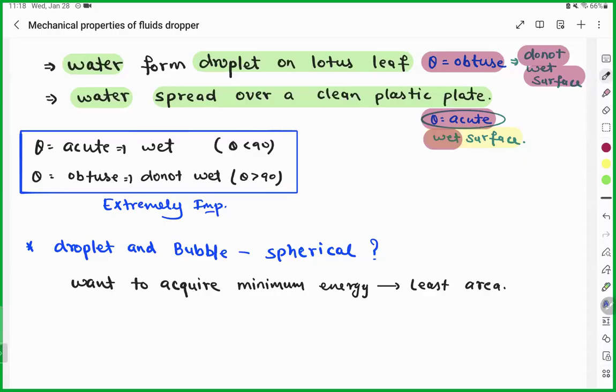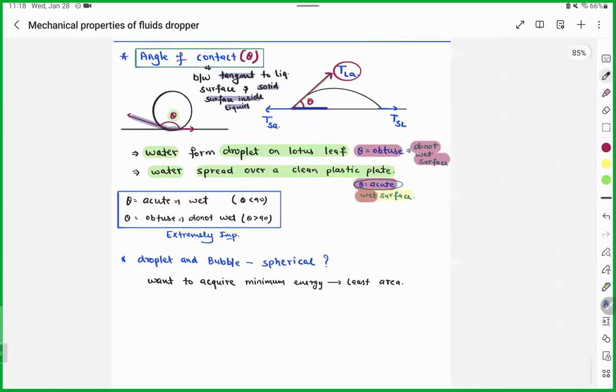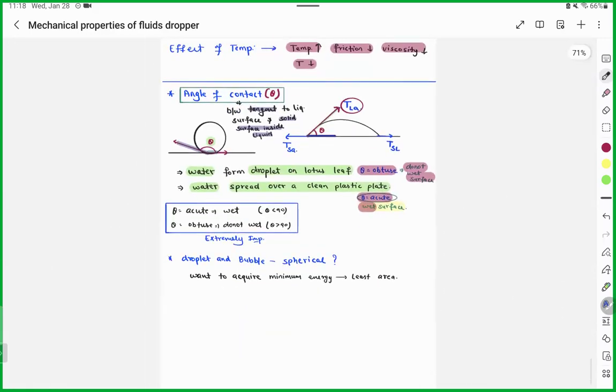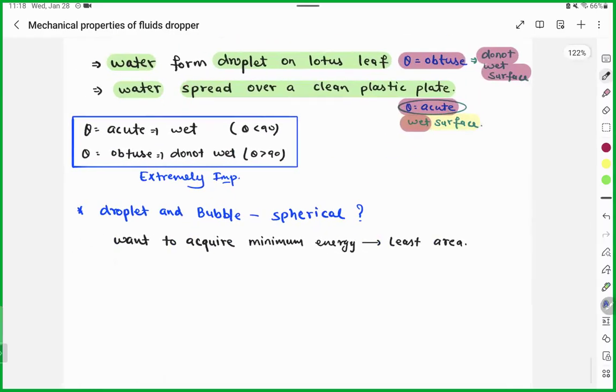One second, can you scroll up? Yes, nothing. I didn't miss anything. I just wanted to check if I missed something. Any doubt? Any doubt, guys?